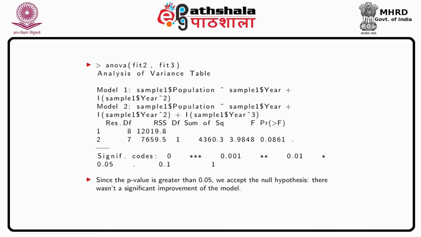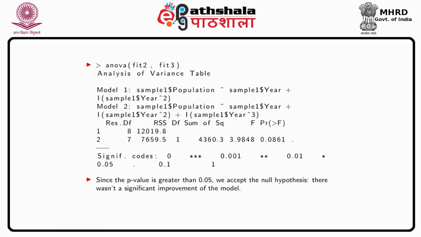So we are given the RSS values. We have the value of the F-test statistic, which is used to test the significance of fit 2 over fit 3. As we can see, the statistic given to us here is 3.98. That is the value of the F-test statistic. We are given the RSS values, and corresponding to the F-test statistic, the p-value is 0.08.